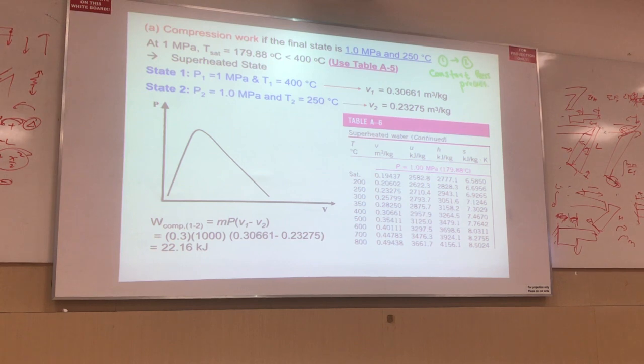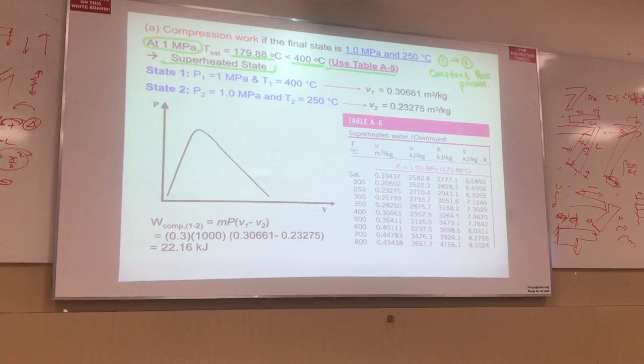At 1 megapascal, you have to go to table A6, the pressure table. From table A5, you can calculate the saturation temperature, and this saturation temperature is smaller than the given temperature 400, so the state is superheated vapor. So state 1 is superheated vapor. What is the initial pressure?